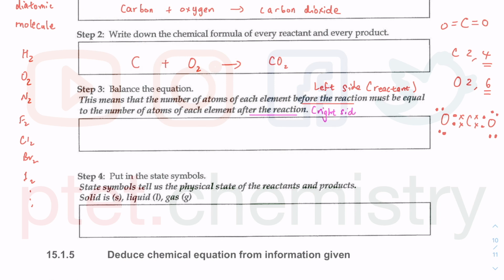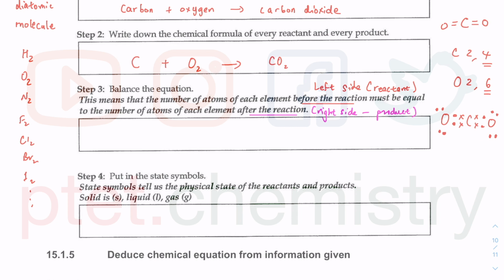Looking back at your equation above, let me count for you. Where there's no number, it means 1. You cannot change the number at the bottom. You can only change the number in front. Never ever change the number at the bottom, because it is fixed according to bonding.